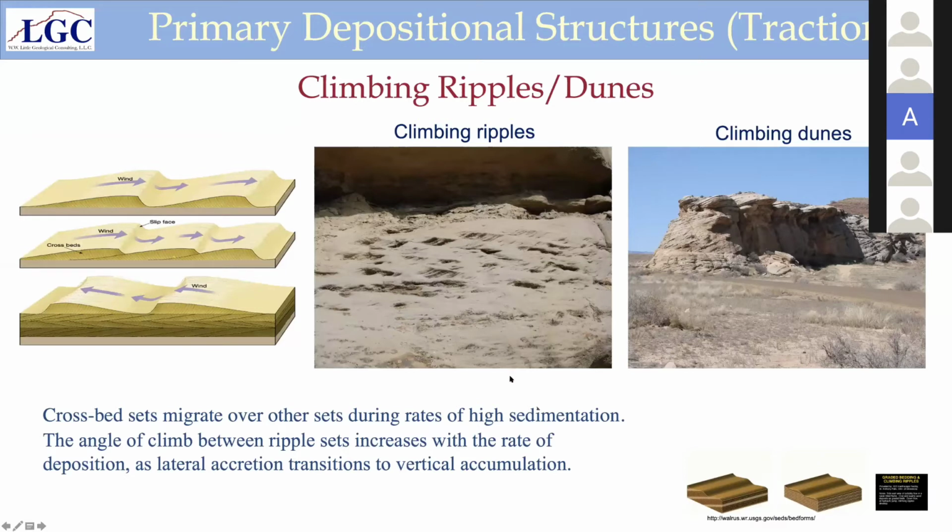And so these are going to form where there's a high sediment supply, as I've mentioned, high energy. A lot of times we'll find these in levees adjacent to a river. This particular example is from a bayhead delta in Cretaceous deposits in Utah.